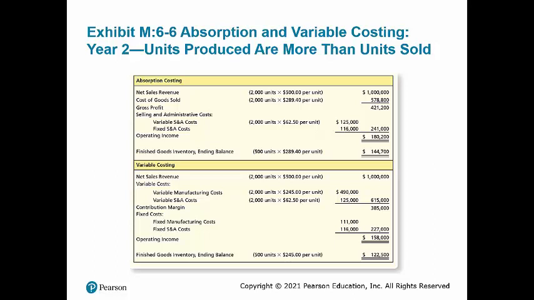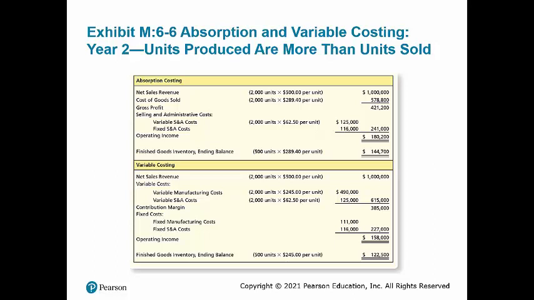The difference between the operating incomes for the two methods is $22,200, $180,200 minus $158,000. This is the difference in ending finished goods inventory, $144,700 minus $122,500. This difference is due to the fixed manufacturing overhead cost. Under variable costing, all of the fixed manufacturing overhead is expensed.